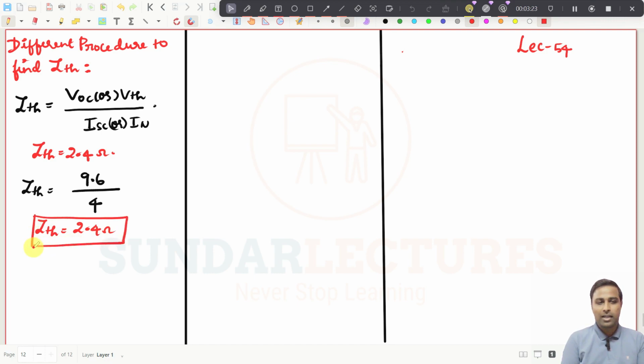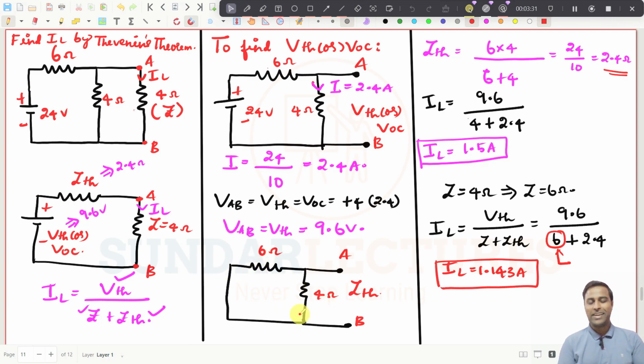So it is not mandatory to get ZTH by doing this, but you can find the open circuit voltage and the short circuit current across these 2 points A and B, then divide those two and you will get ZTH. That is also a good procedure. You try it by yourself, you will get an idea.